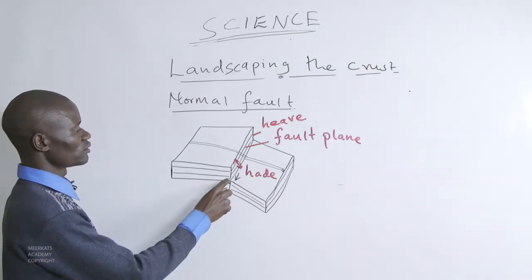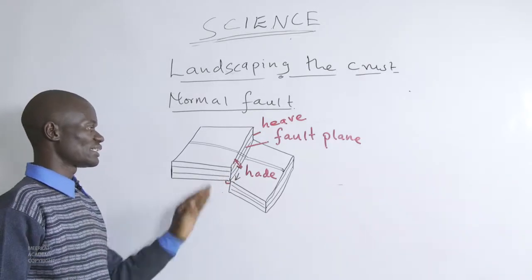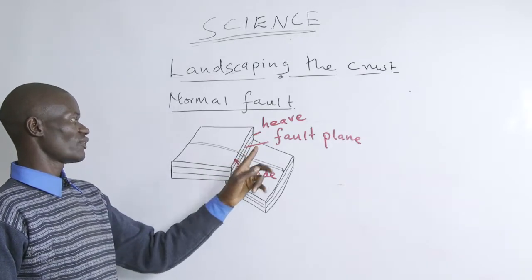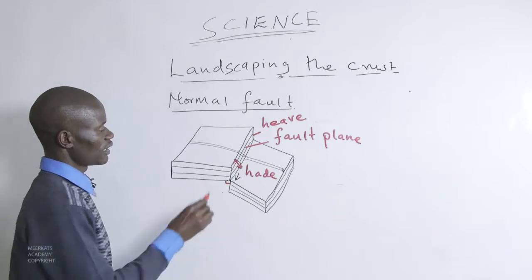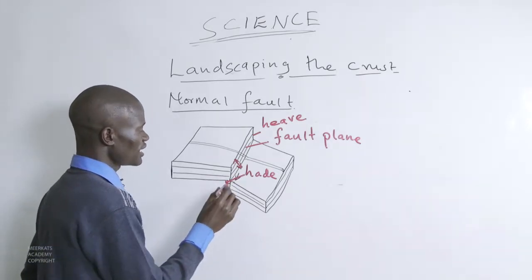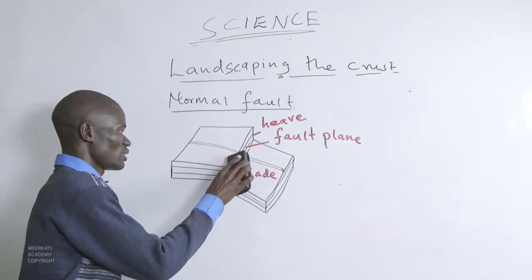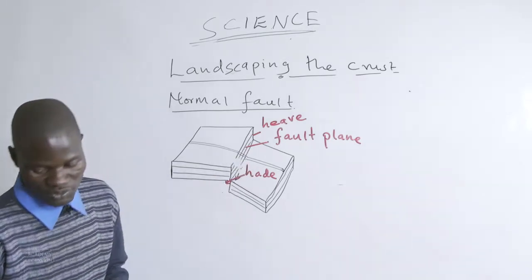This angle, or this part, the plane that is distorted, we call it the head, and then this is the fault plane. I will mark this one as the head, so that we will not consider this one as part of it.